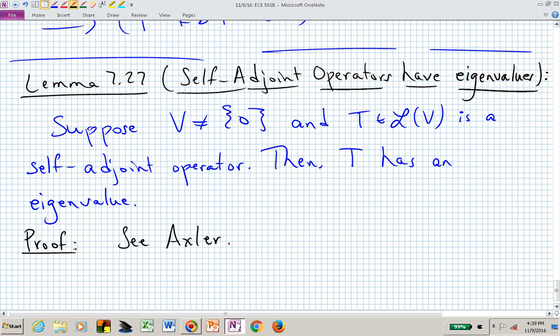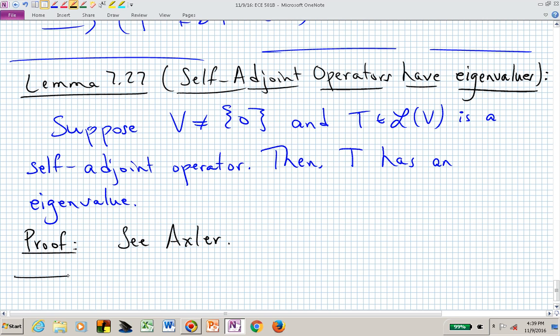And if we have a non-trivial null space of T minus lambda I, then lambda is an eigenvalue. That's the thought process behind that proof.